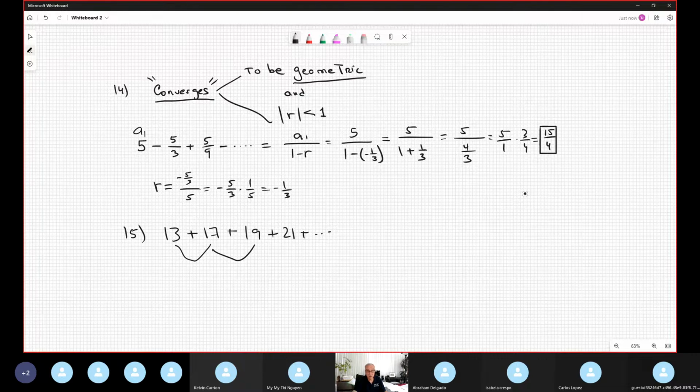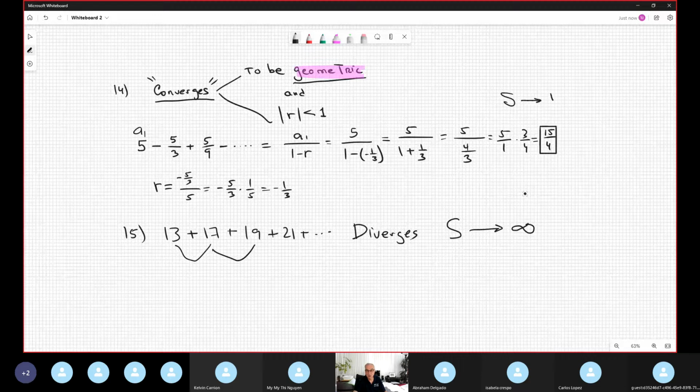Since it's not geometric, you do not satisfy the first important condition, so the answer is divergent. And divergent means that S, the infinite summation, goes to infinity and not to a specific number. Convergent is when S goes to a specific number. That's divergent. Super clear?